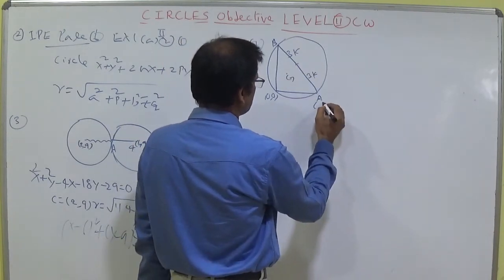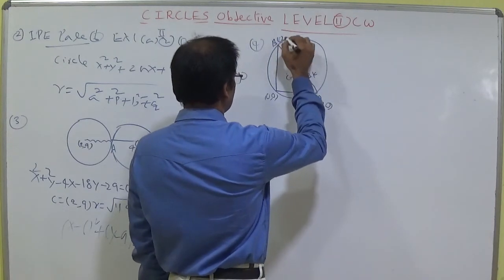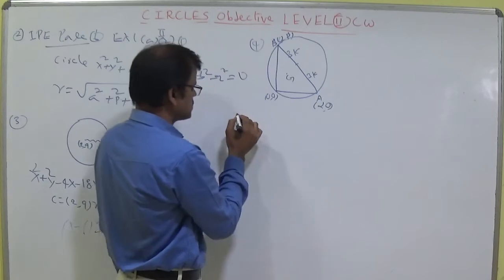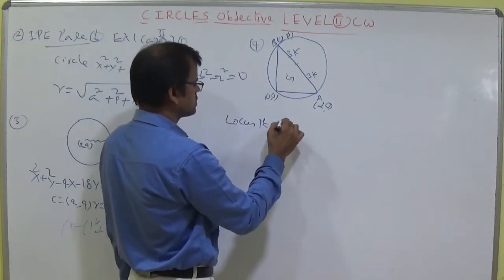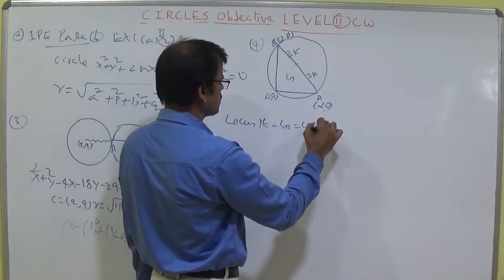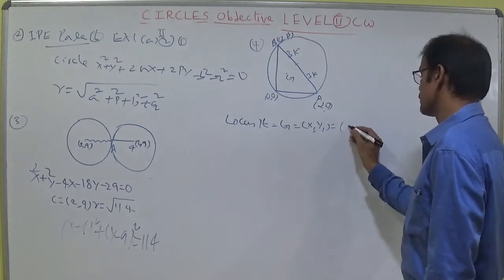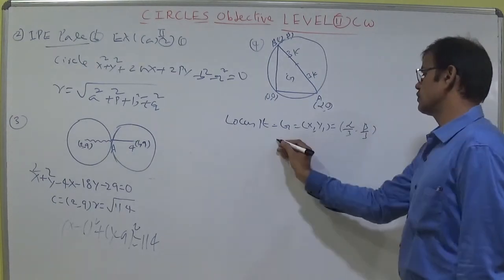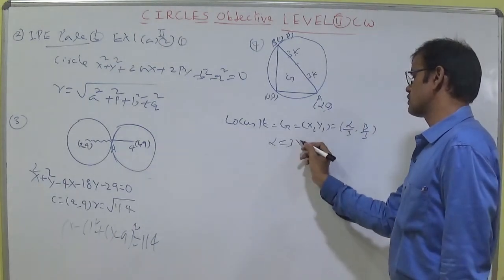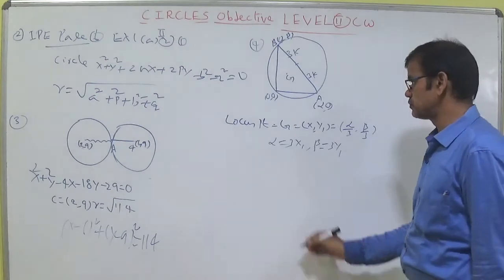Because this is the x-axis, you can put here this is alpha comma 0 and this is 0 comma beta. The centroid locus point he is asking, G is equal to x1 comma y1. So whenever G x1 comma y1 is given, you can say that this is alpha by 3 comma beta by 3. You can write here alpha is equal to 3x1, beta is equal to 3y1.